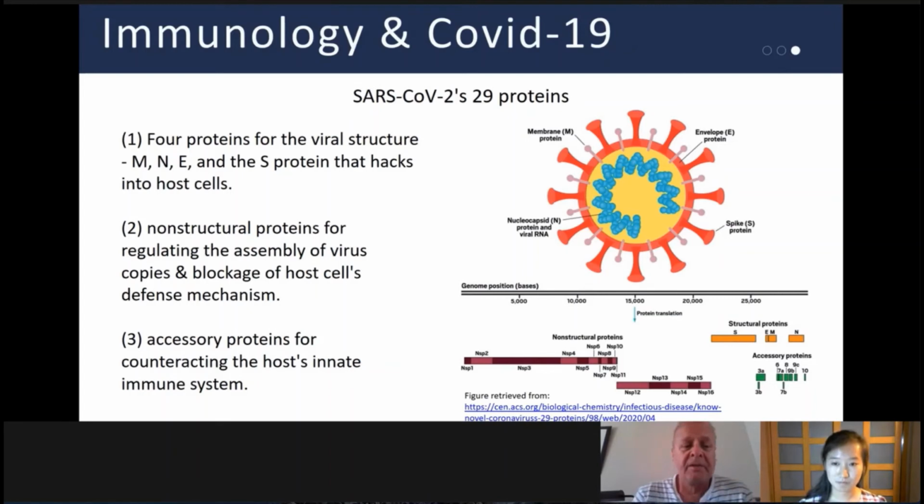But other genes code for non-structural proteins in the virus that can try to fight our immune system, stop our immune system from trying to get rid of the COVID-19 virus. And then there are some other genes as well. It's actually 29 genes in the COVID-19 virus. And by comparison, of course, we have around 20,000 genes, so they have much fewer than us.